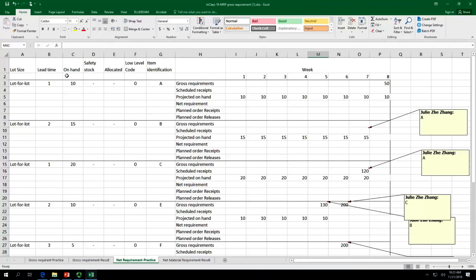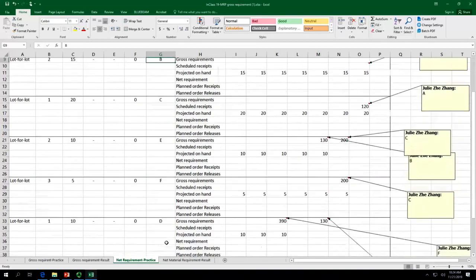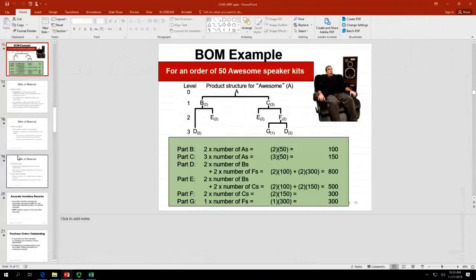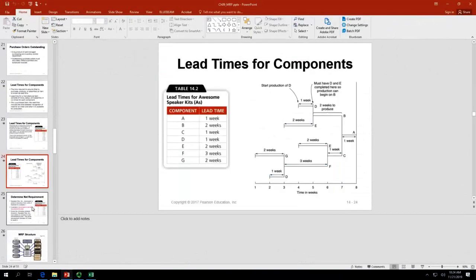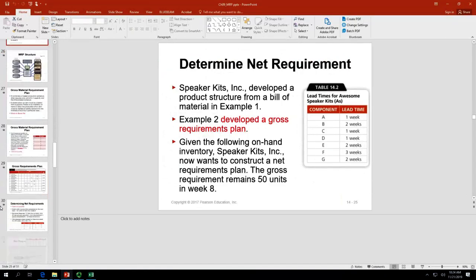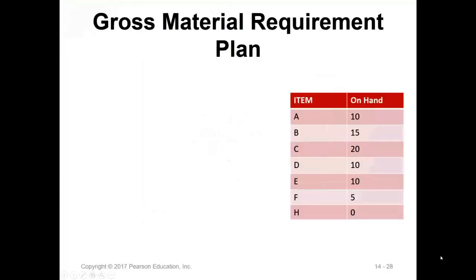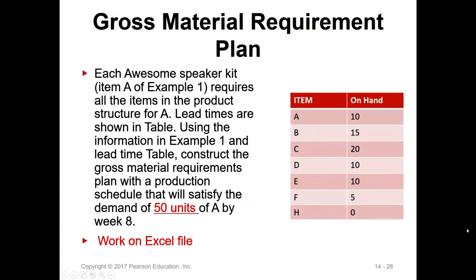Here, if you look at each of the items, A, B, C, D, E, F, and G are over here. But in this example, we consider the items already on demand.